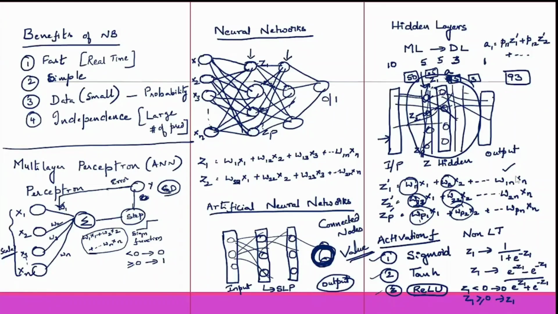And obviously we have our error function. In classification problems, we already know our error function. You can very well talk about minus of y times log y hat plus 1 minus y times log 1 minus y hat. This is what we have already talked about as the error function.